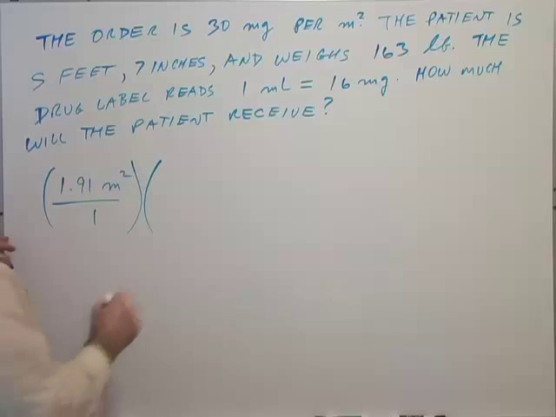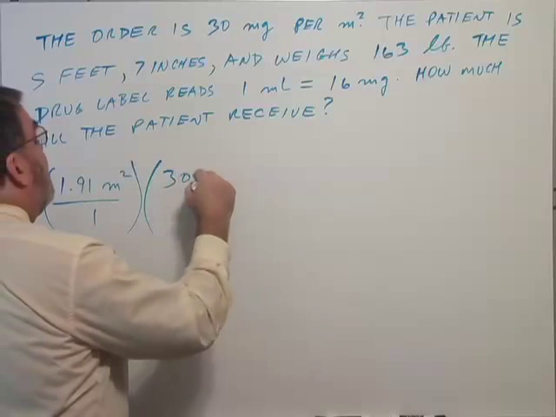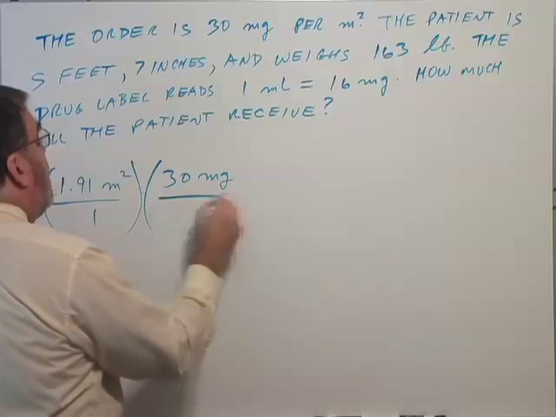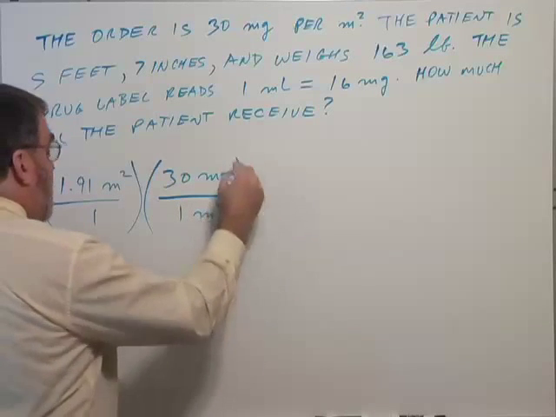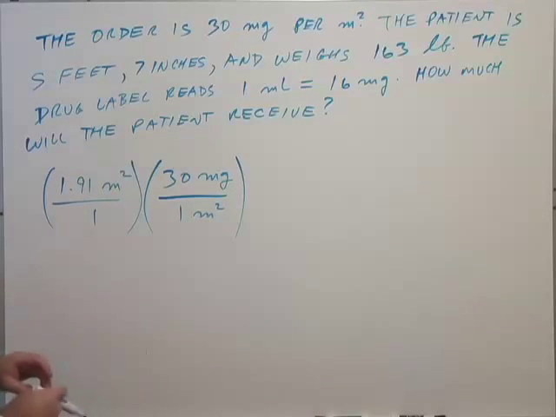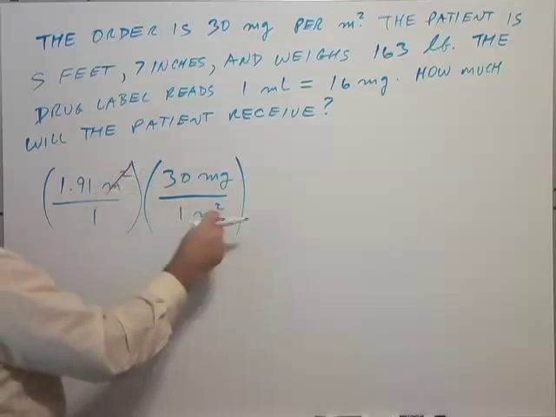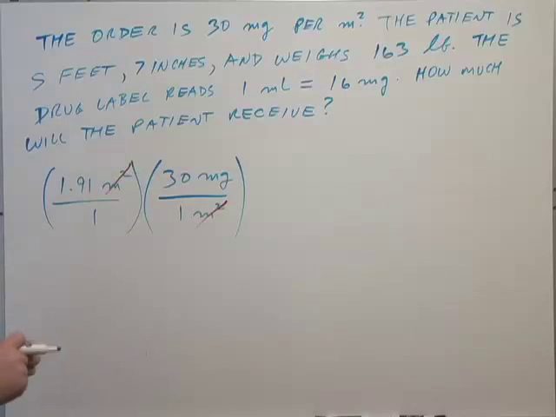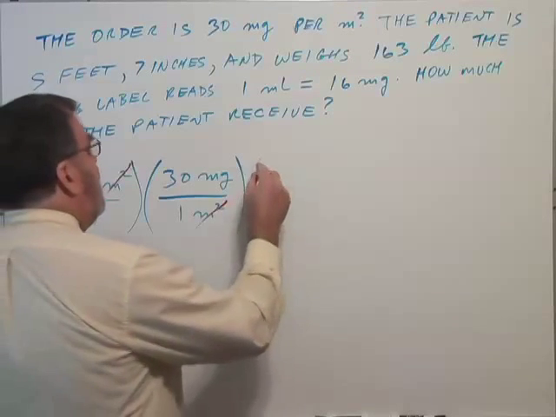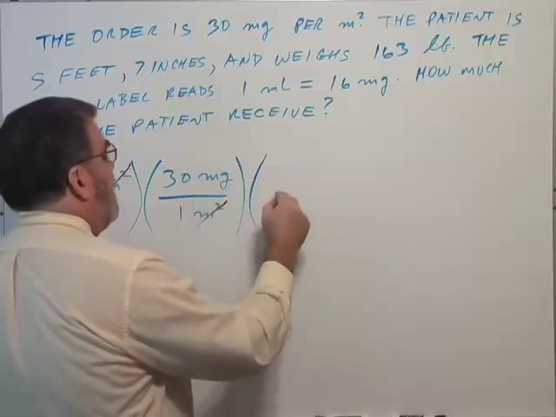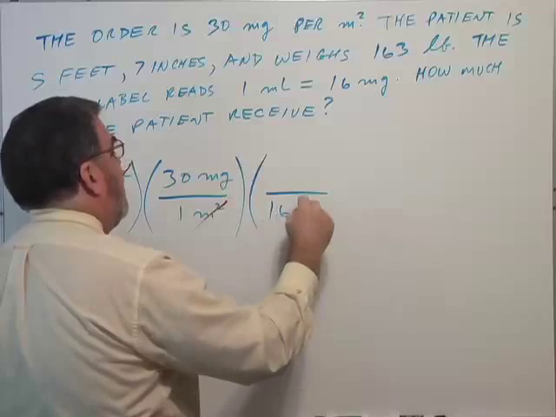And the prescription is 30 milligrams per square meter. So there we've canceled the square meters off and we're down to milligrams of drug. And then 1 milliliter equals 16 milligrams. So we want to cancel milligrams. I need milligrams in the denominator.